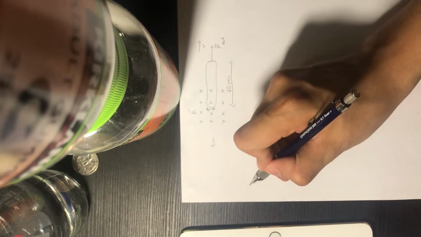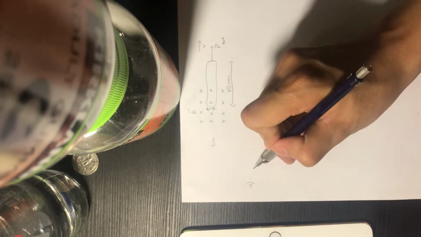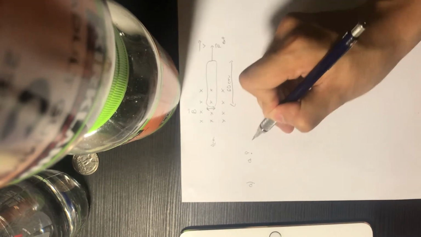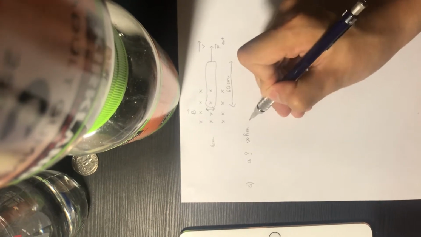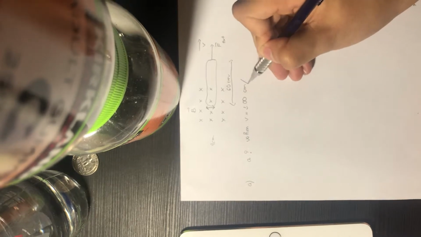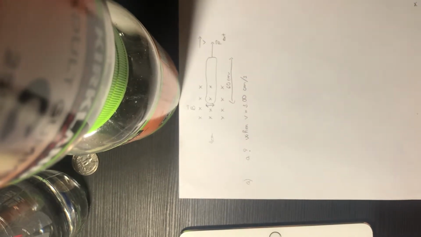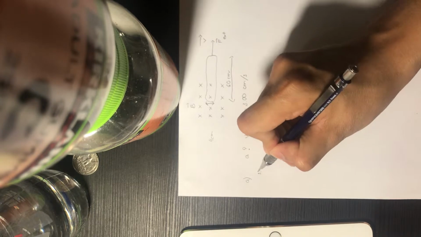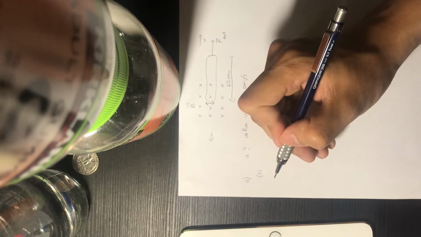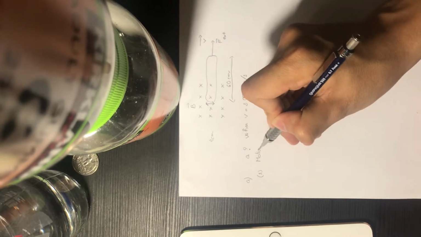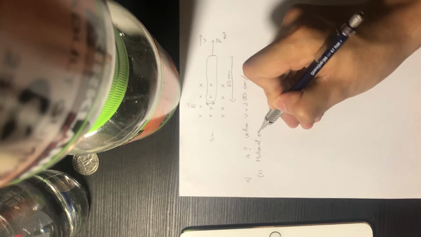Okay, and part A is: what is the acceleration of the loop when the velocity is 3 centimeters per second? In order to do this part, we need three formulas. The first one is the motional EMF.